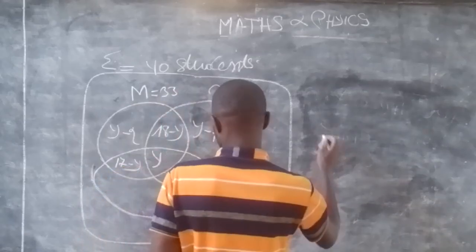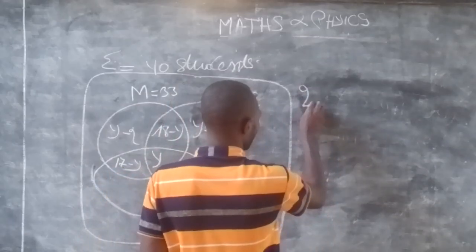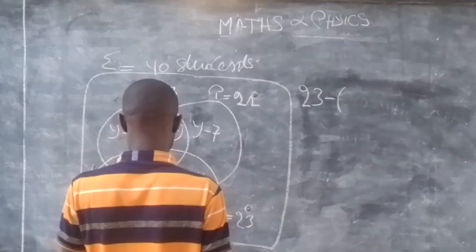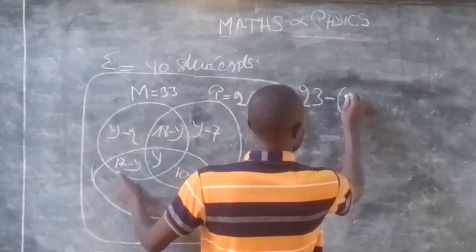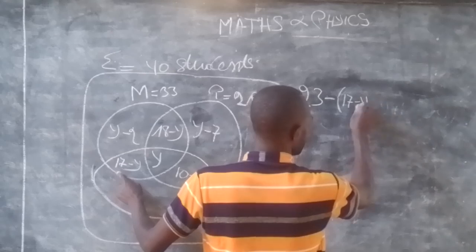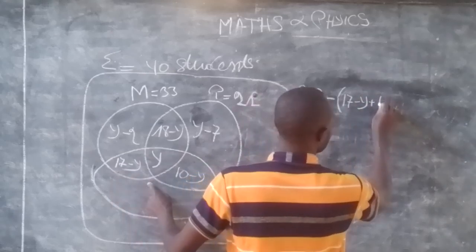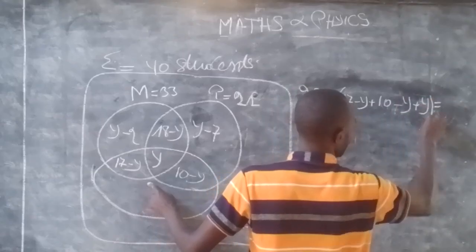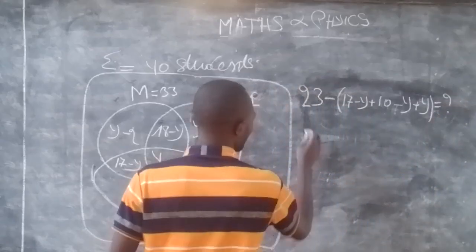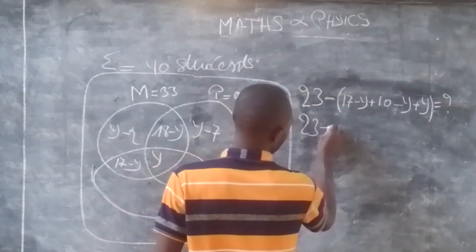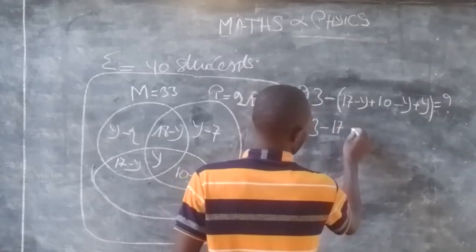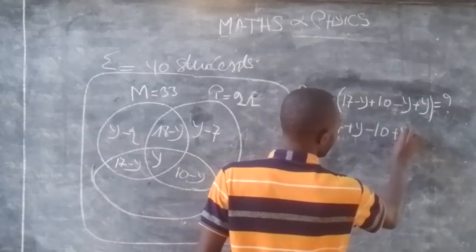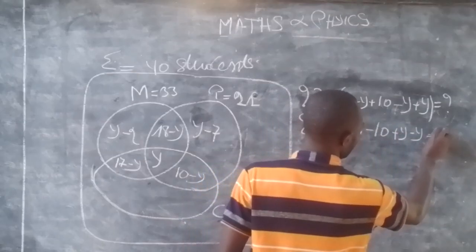Here we have 23 negative 17 positive y negative 10 positive y negative y, equal to how many?